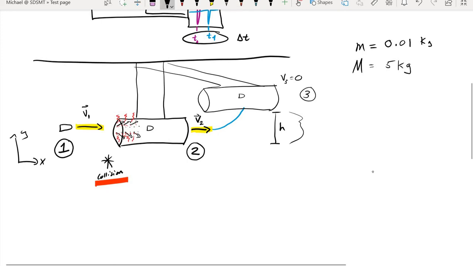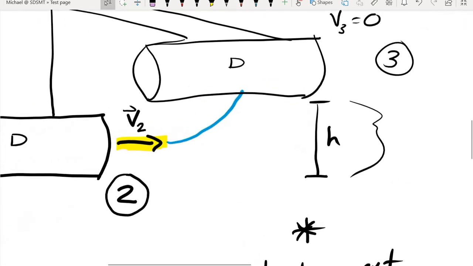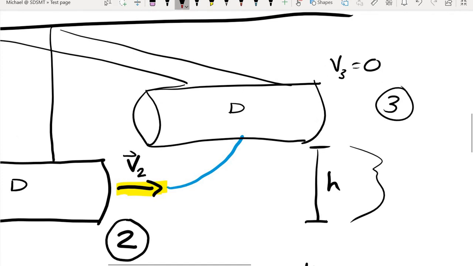So now we're going to go between sites 2 and 3. As we go between sites 2 and 3, the only thing that's happening here is that we're displacing from one point to another. Now look at how your velocity vector has to change as we displace.